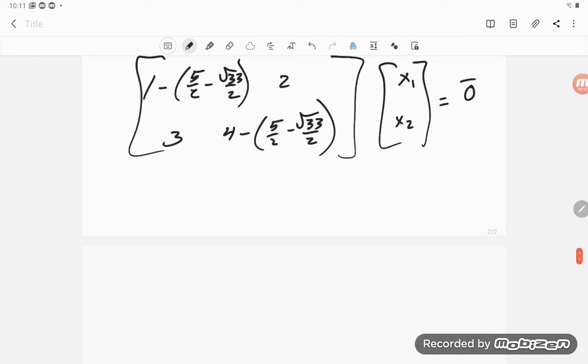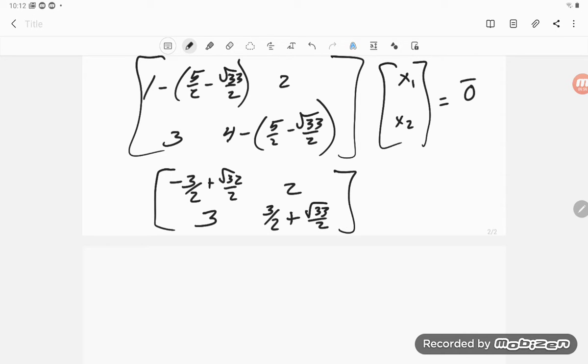If I simplify this, 1 minus 2.5 is minus 3/2, so I get minus 3/2 plus the square root of 33 over 2, and 2, and 3, and then 4 minus 5/2 is 3/2, plus the square root of 33 over 2.